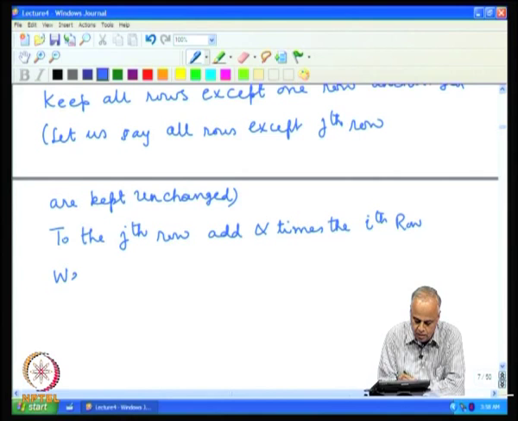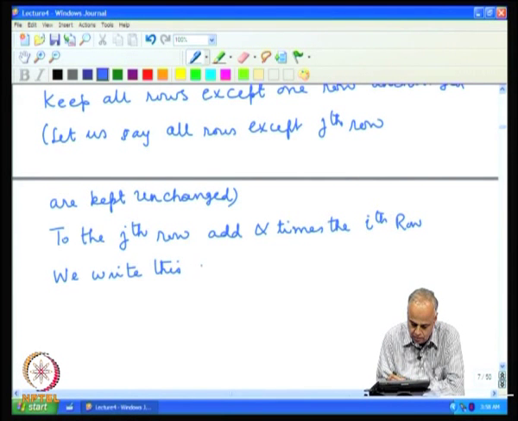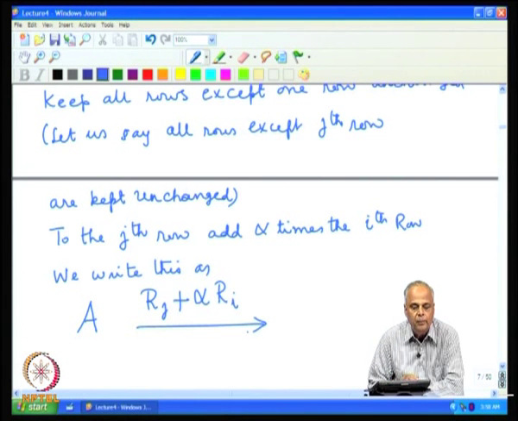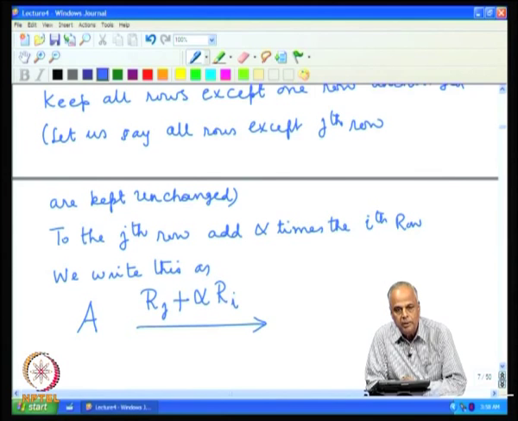We write this as R j, to the jth row we are going to add alpha times the ith row. So, we take a matrix A and we apply this transformation.